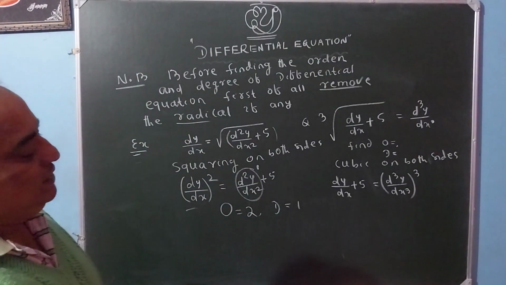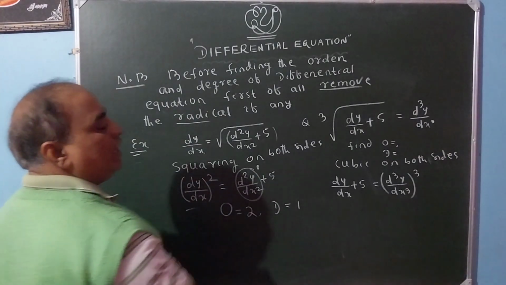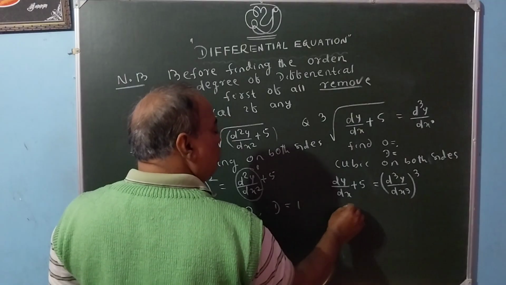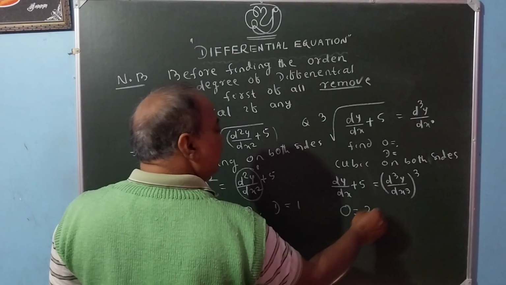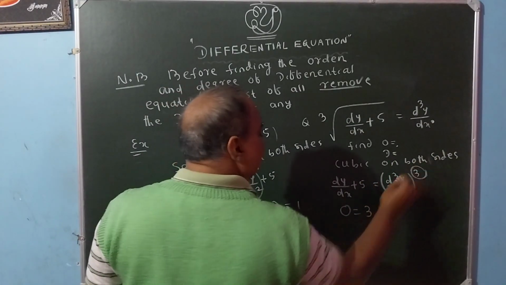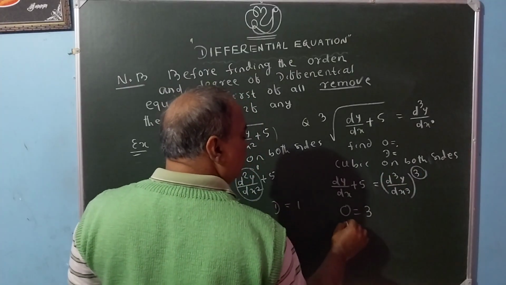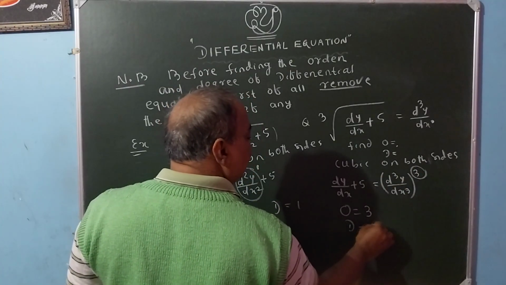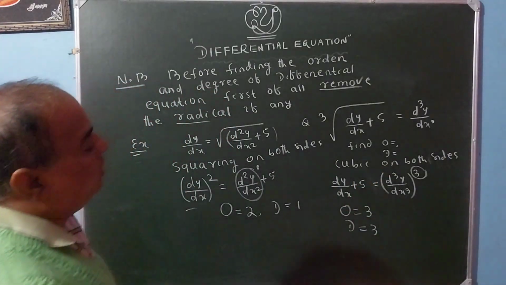Now the maximum derivative is 3, so order is equal to 3. Degree is equal to 3, because the power on the highest order derivative is known as the degree. So the degree of the differential equation is 3.